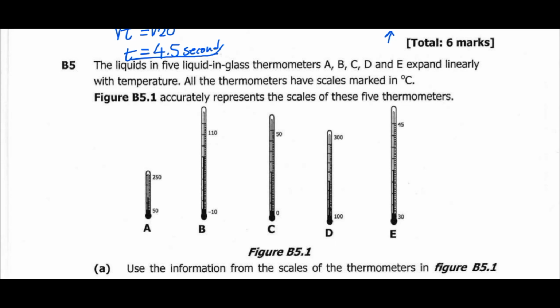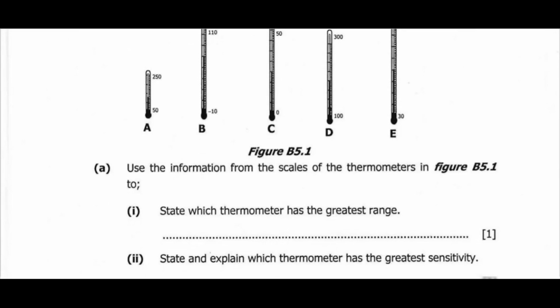So we can see that thermometer A ranges from 0 to 250. Thermometer B, -10 to 110. C, 0 to 50. D, 100 to 300. E, 30 to 45.